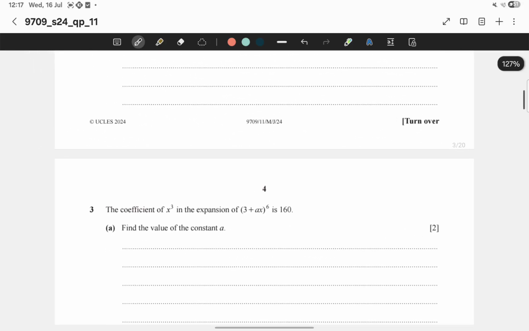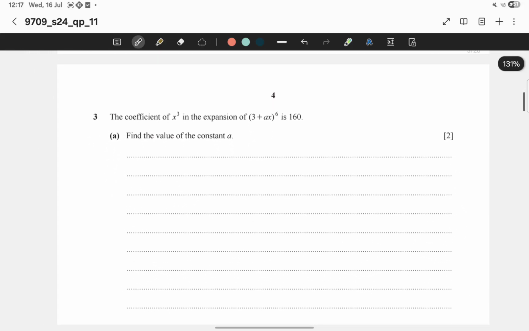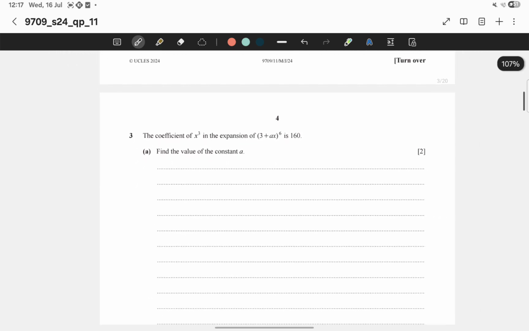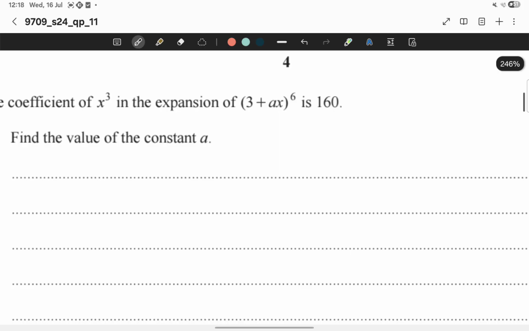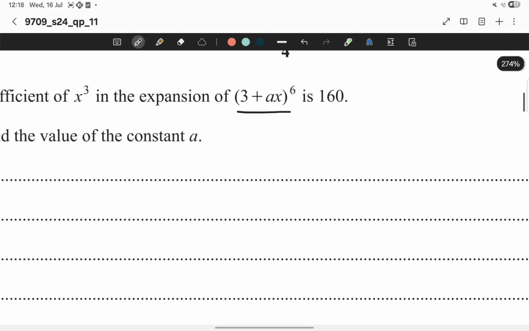And number 3 here says the coefficient of x to the power 3 in the expansion of (3 plus ax) to the power 6 is 160. Then it says find the value of constant a. So we have (3 plus ax) to the power 6.